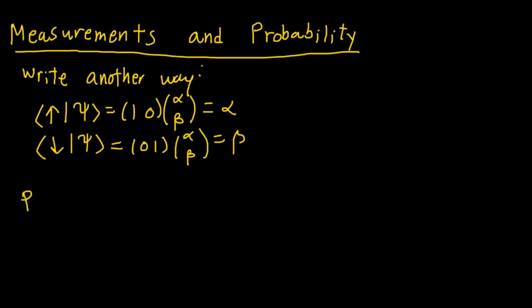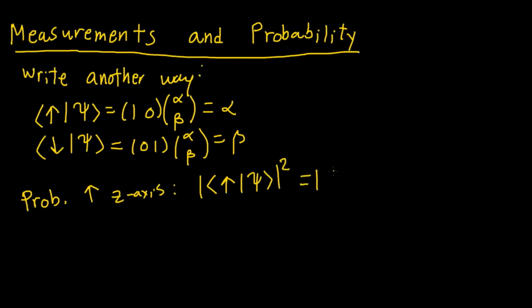So the probability that we have spin up along the z-axis is just the absolute value of the inner product of the spin up state with psi, squared, right?